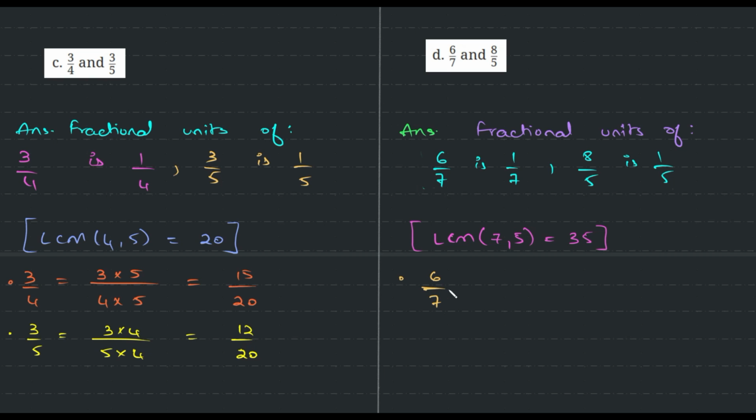So how do I convert 7 to 35? What should I multiply with? Correct, 5. And so this is 30 and this is 35. Converting 8 by 5, the 5 over here I need to convert to 35, so I'll do it with 7. 7 8s are 56 and 35 over here. And that is your answer. Again, converting 5 to 35, I should multiply with 7. That's how I'm deciding.